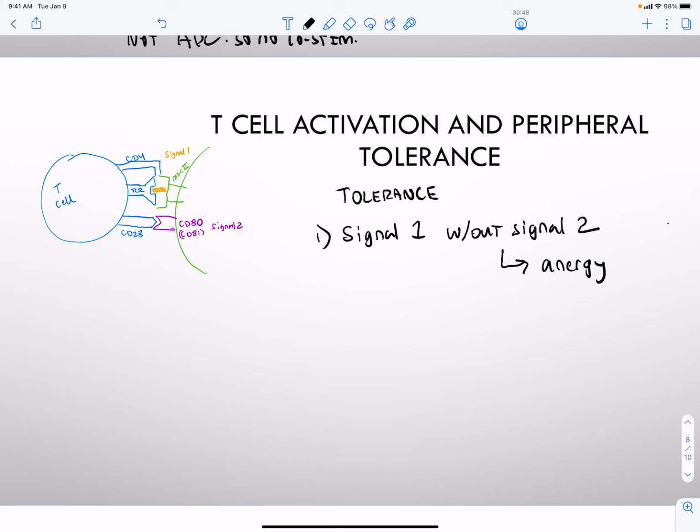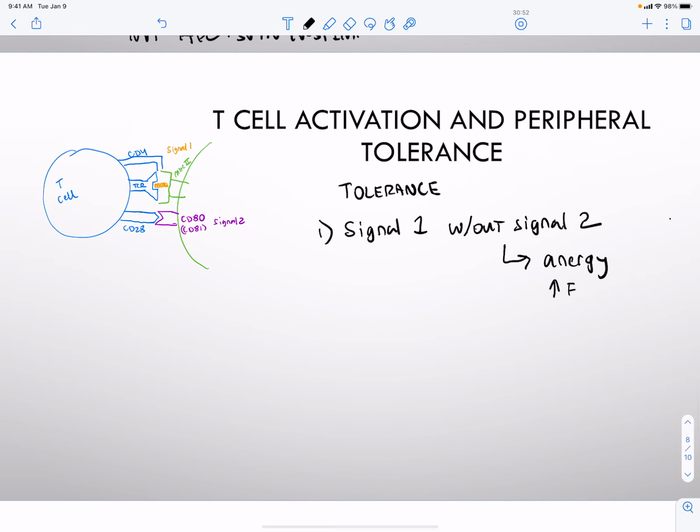And anergy is the same thing. It's going to upregulate FAS, and you're going to get apoptosis. Because that's potentially a self-reactive clone. Remember, when you're not infected, your MHC molecules are going to be loaded with self-peptides. So if you have a T cell that recognizes self-peptide and there's no infection, so there's no B7 or CD80, I should also say it's also called B7.